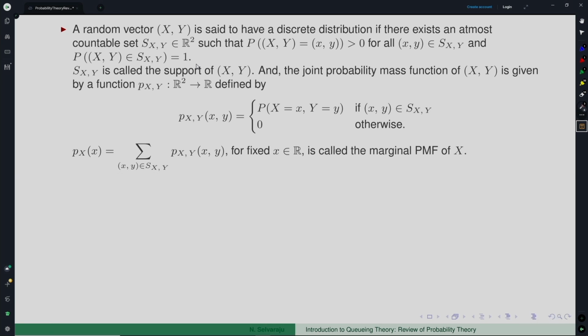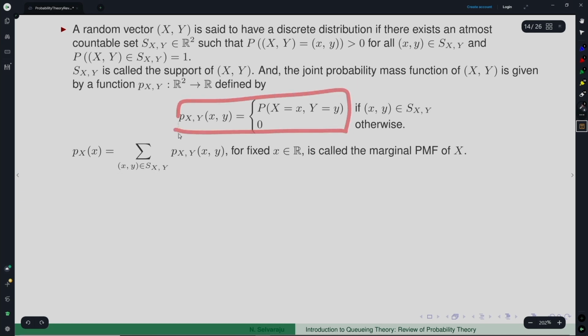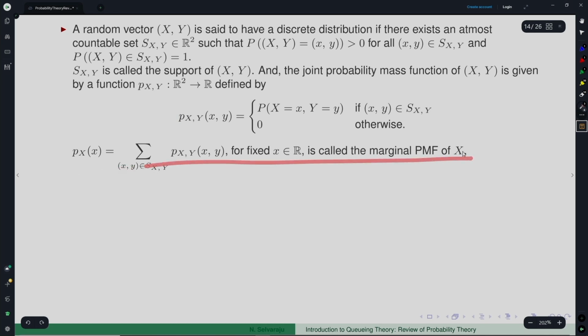Then you say this is a discrete distribution, and this random vector is a discrete random vector in this particular case. Then, just like the univariate case, you can define the joint PMF, which represents this quantity here, and from which you can get the marginal PMF.